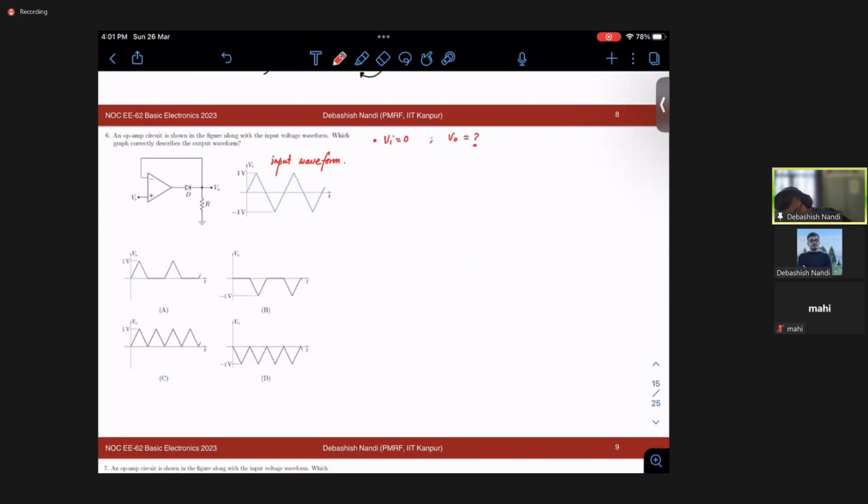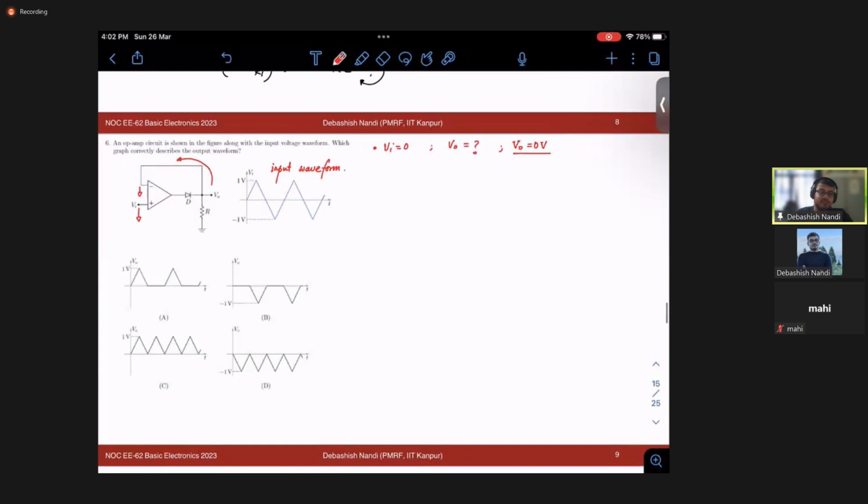So if Vi is equal to 0, I see that the output will also be 0, right? So your V out is also 0 volt. So one thing is rest assured: when my V input is 0, my V output will be 0, right?